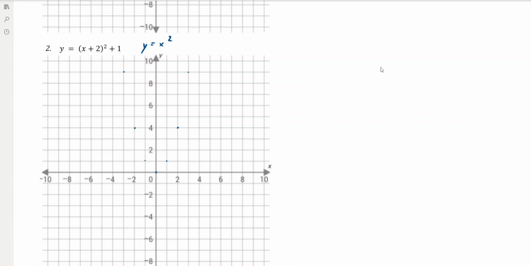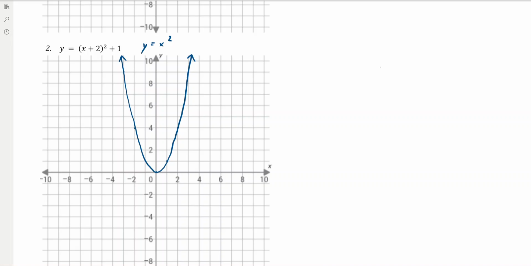So 1 squared is 1, 2 squared is 4, 3 squared is 9, and then it's the same on both sides. So it's going to look something like this. And now what we have to do is translate it.